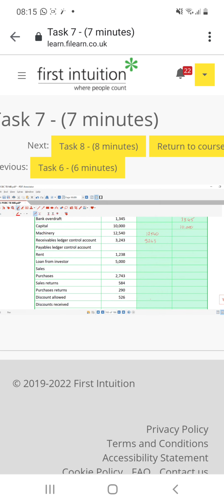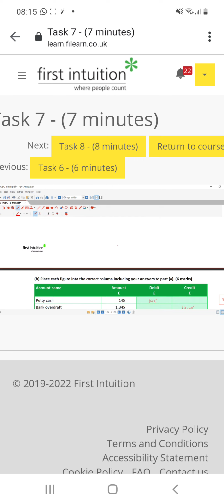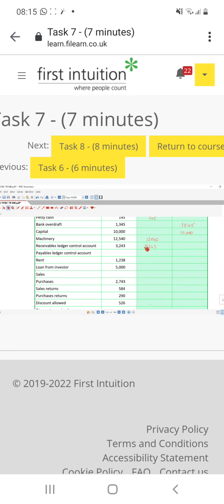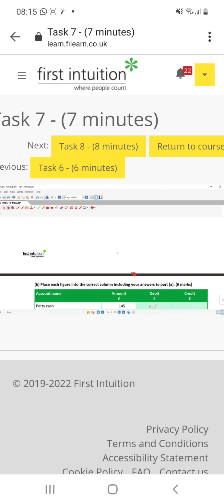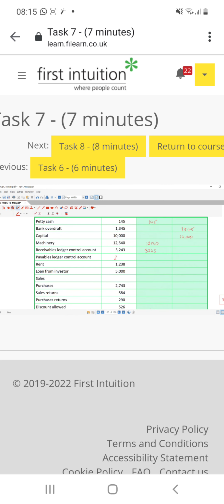So that 2984 we can put just in here, and will therefore come in as a liability just here.